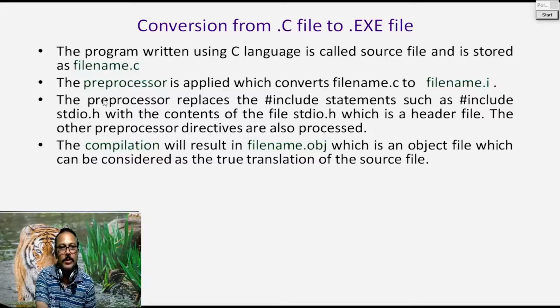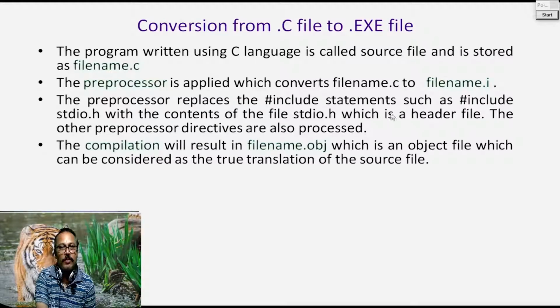Now after pre-processing of the hash include and preprocessor directives, you get what is called filename.i.